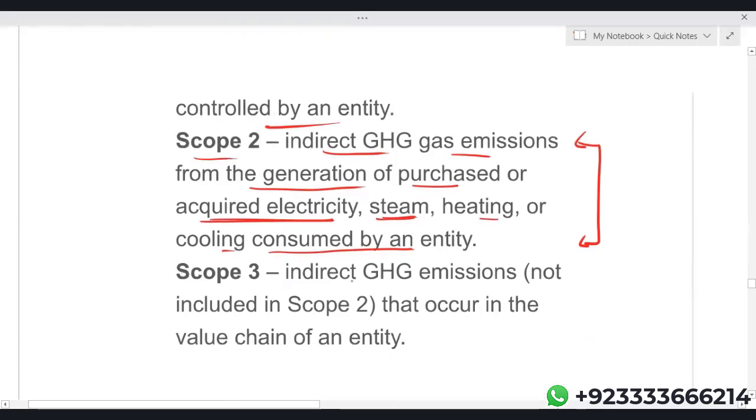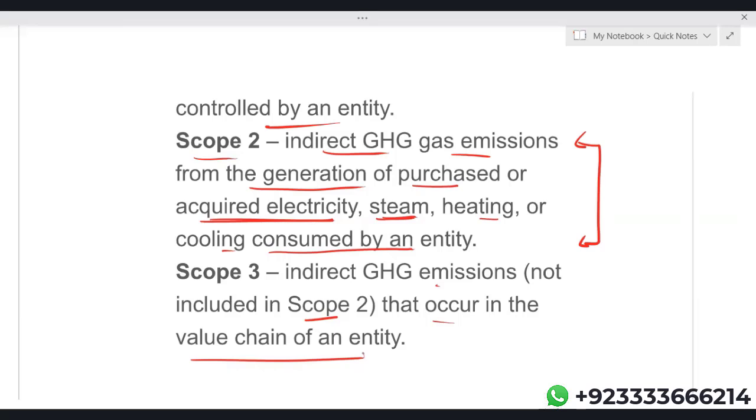And the last one is indirect greenhouse gas emissions not included in scope 2 that occur in the value chain of an entity. Just an example, let's say we buy a raw material. Now try to understand, obviously when I am buying a raw material, the supplier has to supply that raw material to my premises.